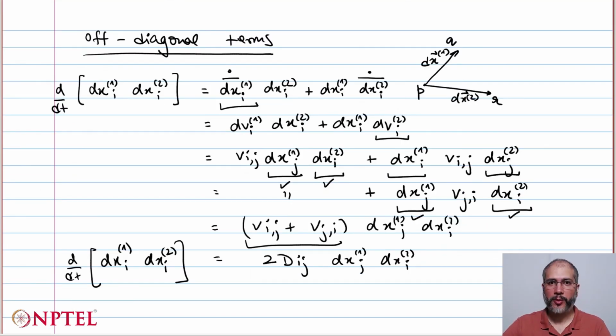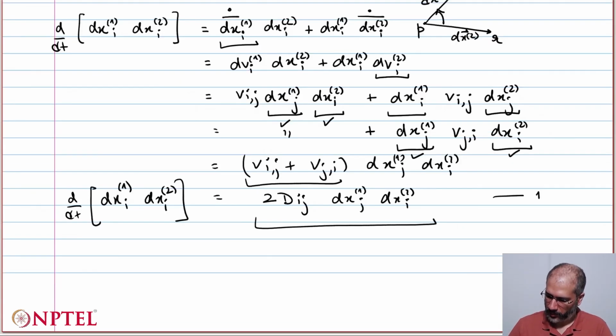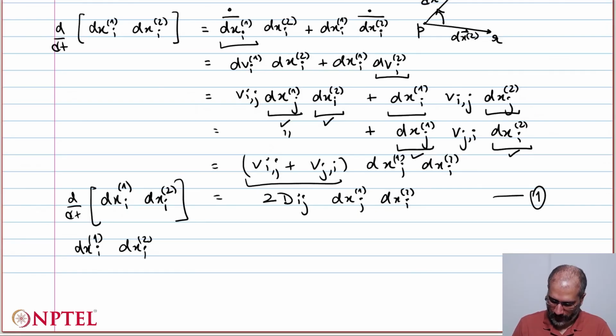So now what we want to do is link this right hand side, which has the d in it now, to the angle theta, which is between these dx1 and dx2. So we basically want to bring in the time rate change of this theta and link this to the rate of deformation tensor somehow. So let's call this 1, and we can also write dx1i times dx2i as their magnitudes, dx1 times dx2 times the cosine of the angle between them.